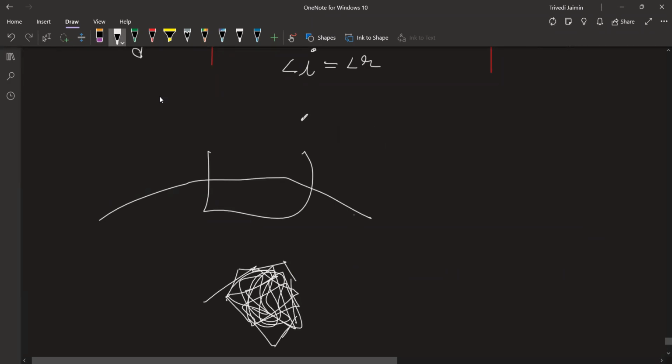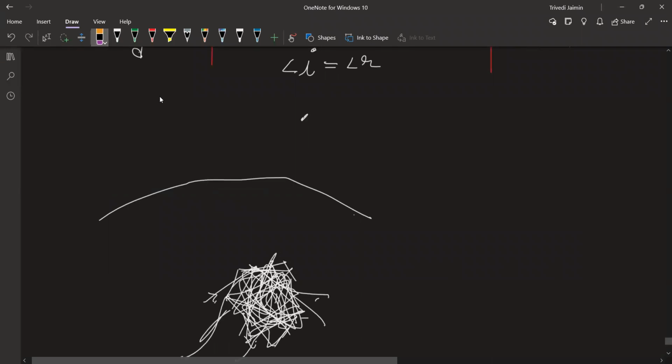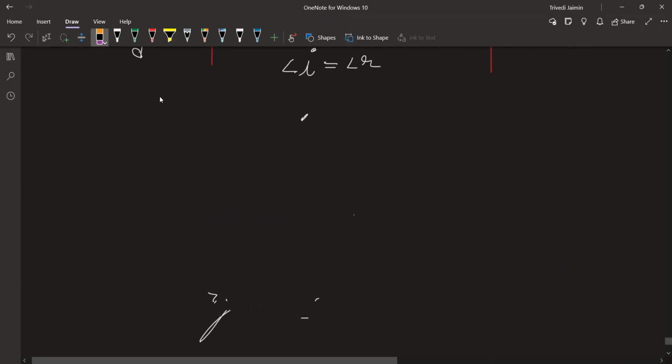It will keep reflecting here and there, here and there, and then exit. It's not just one ray, it is multiple rays moving here, another ray moving there. So because of total internal reflection, the diamond sparkles.